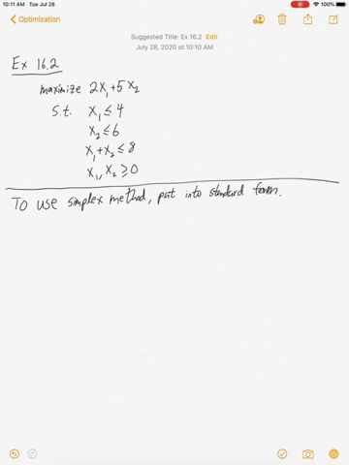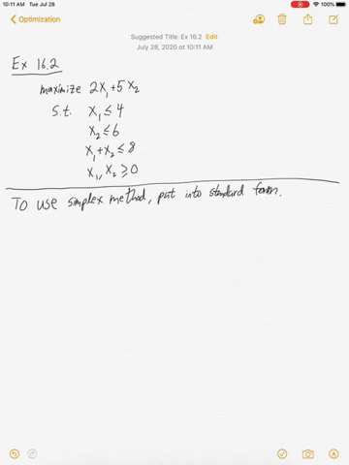So remember that standard form means we're minimizing instead of maximizing. All of our variables are non-negative, and our only constraints are equality constraints. So that's the big one. We don't want any inequality constraints except the non-negative constraint. We just want equalities.